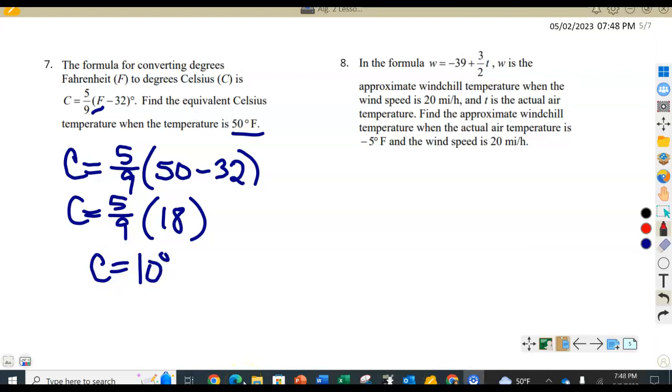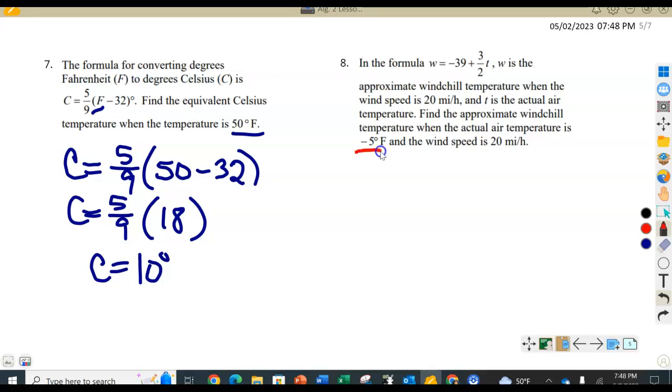All right, in the formula, W equals negative 39 plus 3/2 T. W is the approximate wind chill temperature when the wind speed is 20 miles per hour, and T is the actual air temperature. Find the approximate wind chill temperature when the actual air temperature is negative 5 degrees Fahrenheit. Okay, that's the temperature, and the wind speed is 20. Okay, so it already says this is the formula when it's 20 miles per hour.